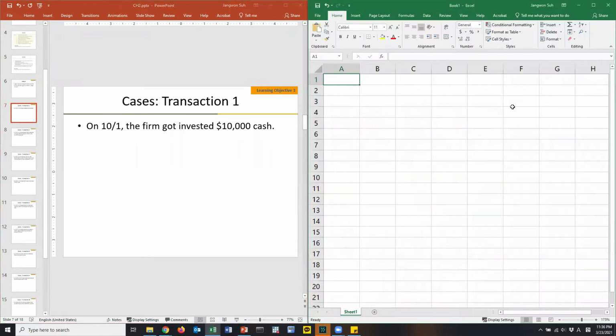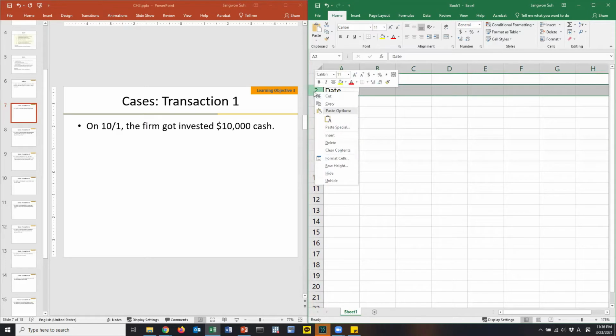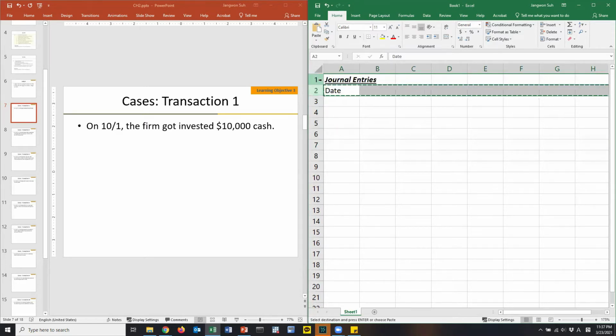Transaction number 1, and from now on we will prepare journal entries. Here, date. What I did is make the cell boldfaced, Control B, underscored, Control U, and italic, Control I. And then I will swap the two lines.